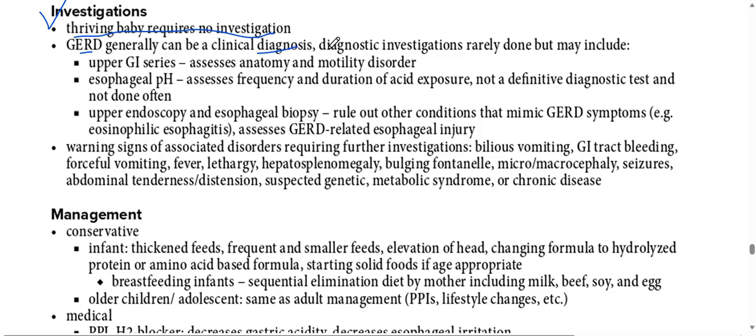Diagnostic investigations are rarely done but may include upper GI series, which assesses anatomy and motility disorder. Esophageal pH assesses frequency and duration of acid exposure; it is not a definitive diagnostic test and not often done.